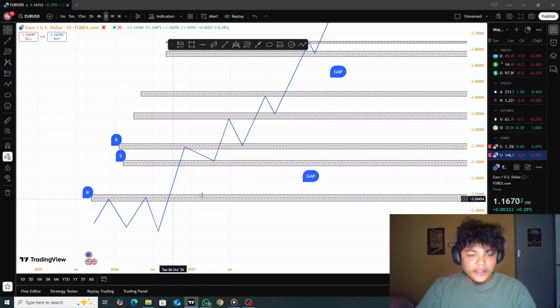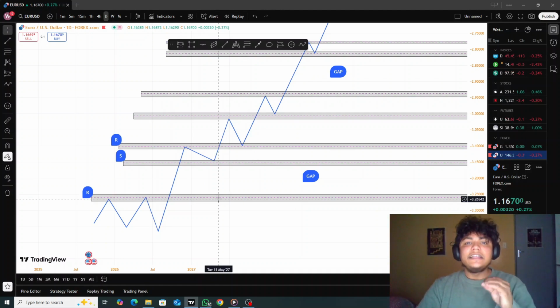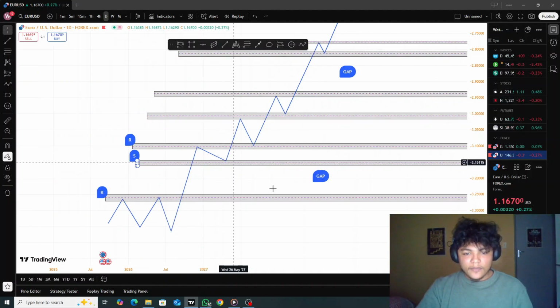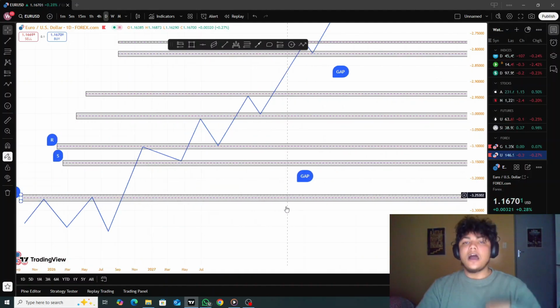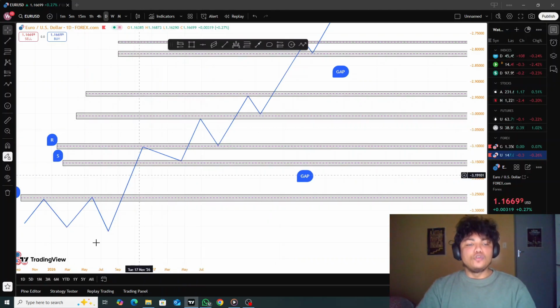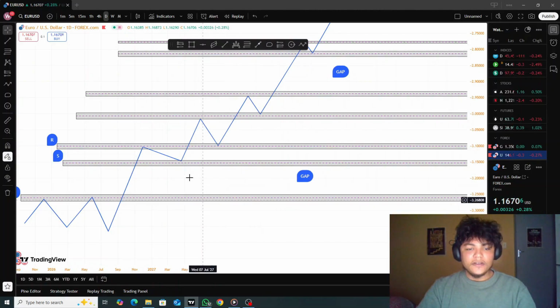So this area still needs to be retested. Whenever the market comes down to retest this level, now you can go buy. The market moved up too quickly because there are a lot of buyers that want to buy at this level.